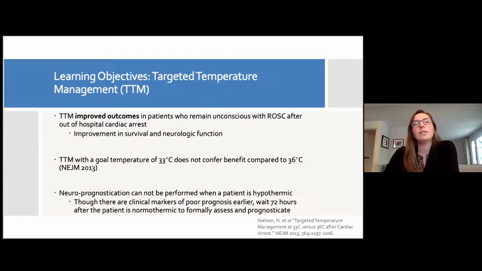Its improvements in survival and neurologic functions that we found. Additionally, targeted temperature management with a goal of 33 degrees Celsius does not confer a benefit compared to 36. And also neuroprognostication cannot be performed when the patient is hypothermic. It should happen 72 hours after they're normothermic.